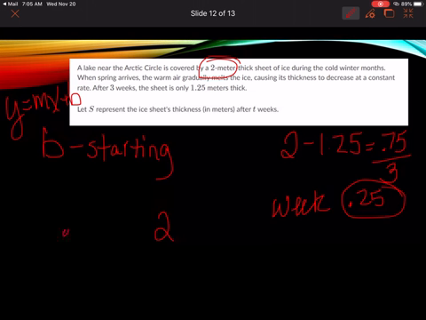So I have 0.25, and that's per week. And it's negative 0.25 because it's going down. So with this, all I have to do is pull out the important information, where I start, what I'm going down by, and then I put it in there.